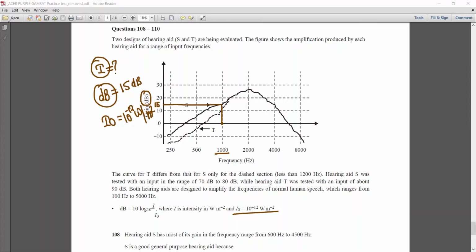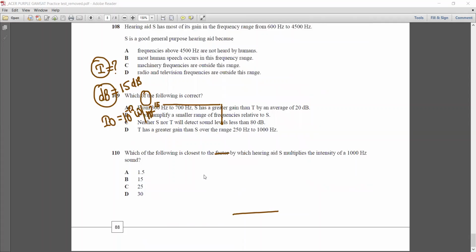So we will apply the given formula and the log expressions. The decibel dB is 10 log base 10 I over I naught. Here dB is given as 15.